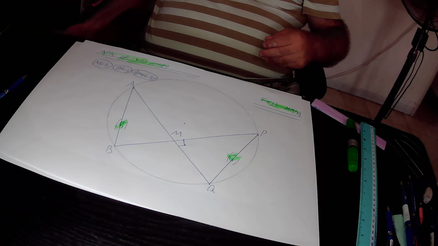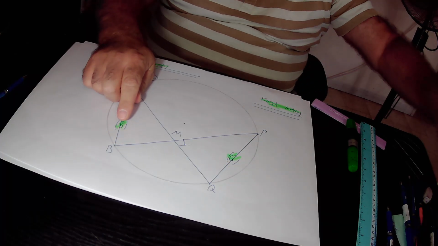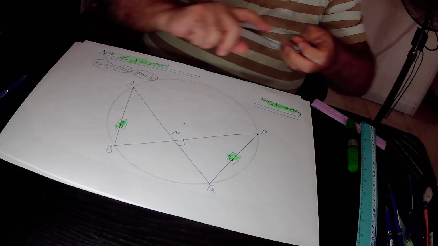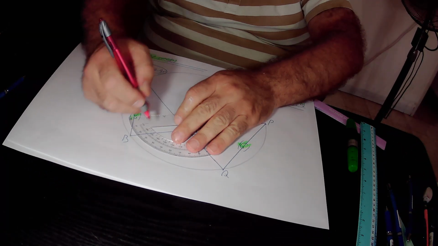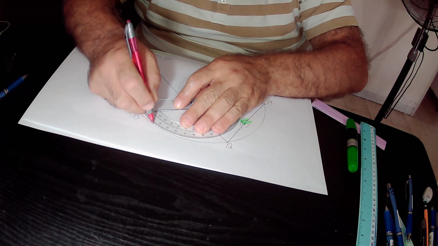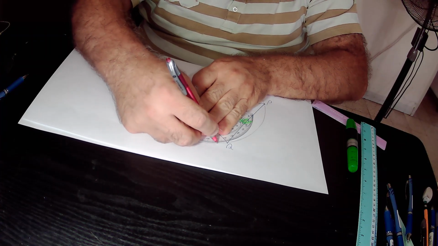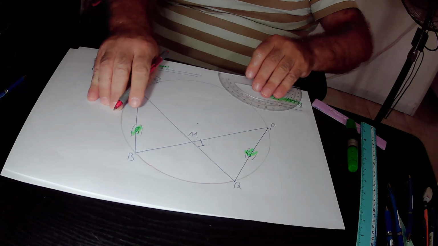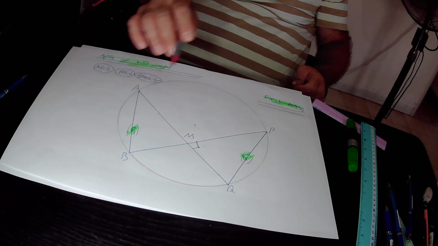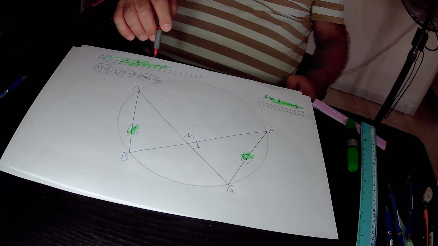Why? Because if we focus on this arc BQ, this is arc BQ in the red line, and peripheral angle BAQ subtends on arc BQ.